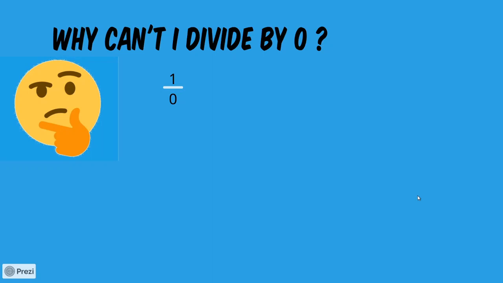It doesn't even make sense. 0 means basically nothing, so you're dividing one thing into nothing. You get it? That is why we say dividing by 0 is not defined.